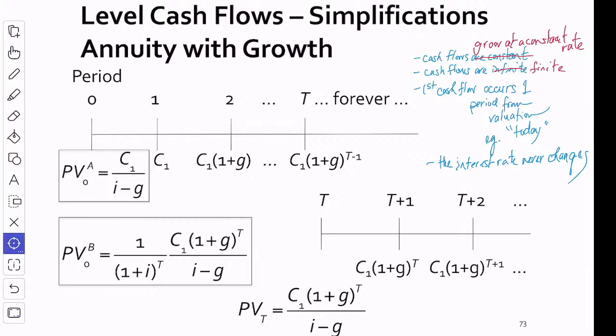So cash flows grow at a constant rate. Cash flows are finite. The first cash flow occurs one period from today. The only thing I have to add is G. So cash flows grow at a constant rate, G. Cash flows are finite. First cash flow occurs one period from today. And the interest rate never changes.